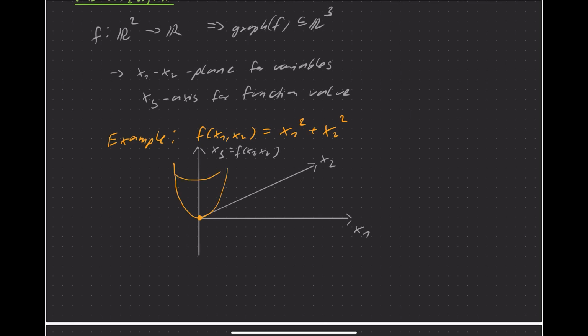So you have something that you can hopefully imagine. Yeah, so that's a parabola rotated around the x3 axis. That's one possible example. Of course, if dimensions get higher, then in theory this concept still holds, but we will not be able to draw that anymore because the most we can draw is three-dimensional space.